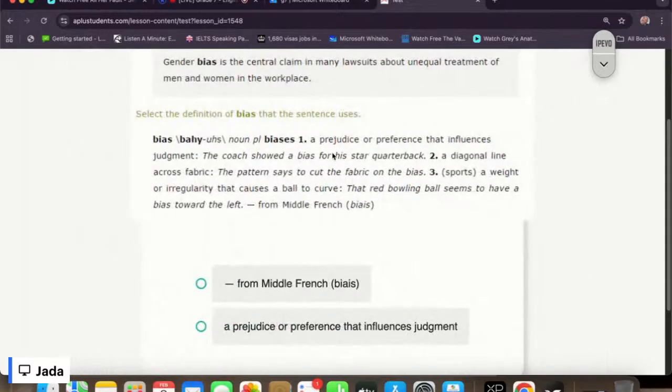So gender bias is the central claim in many lawsuits about unequal treatment of men and women in the workplace.